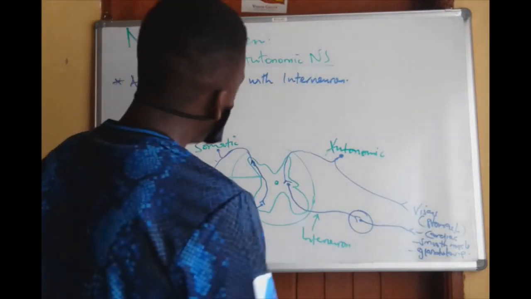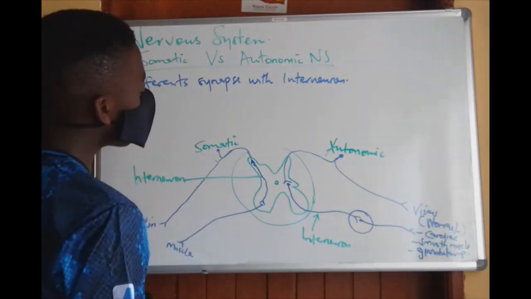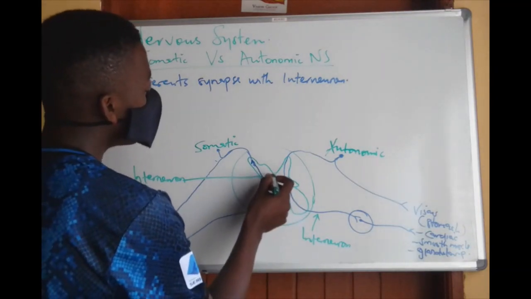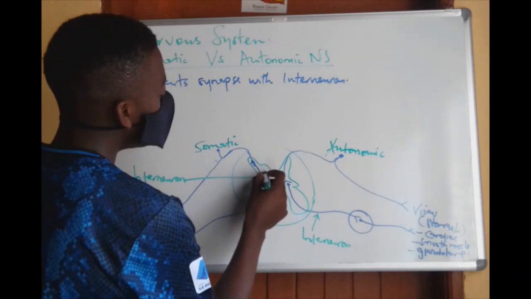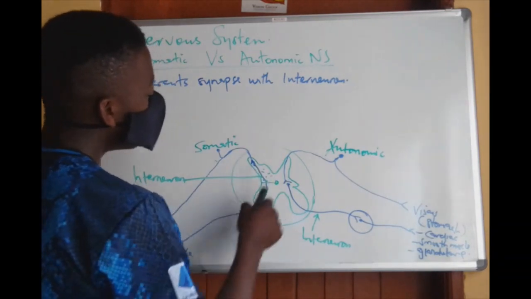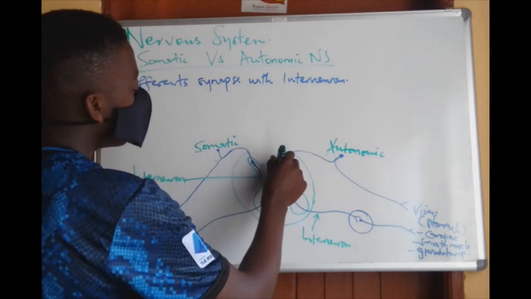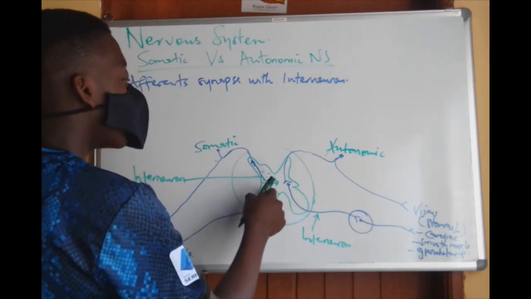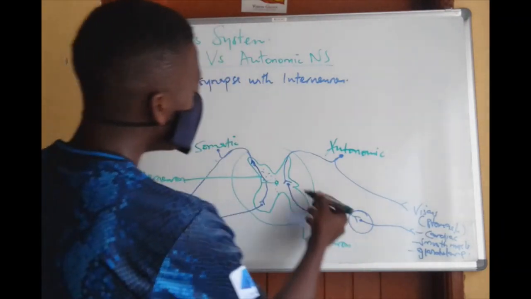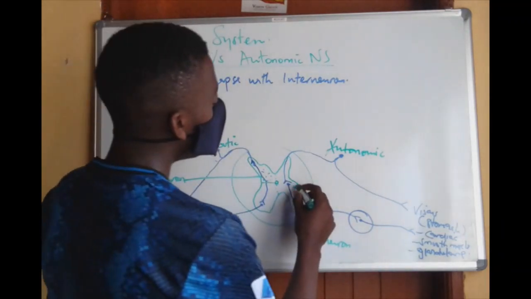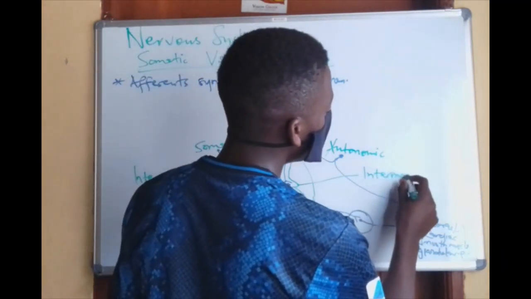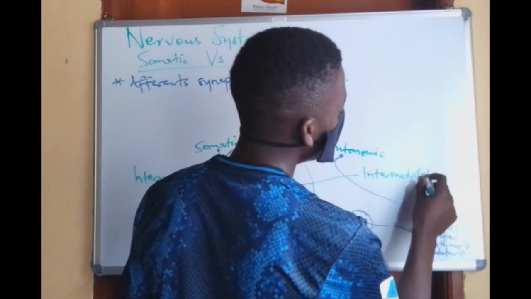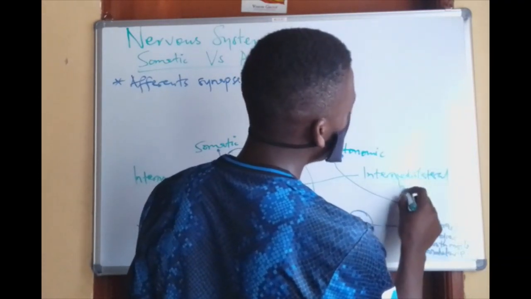So what happens? The synapse, you see this one is occurring in the dorsal horn. This part is called the dorsal horn. This part here is symmetrical, so this part here is called the ventral horn. And this one here is called the intermediolateral horn of the spinal cord.